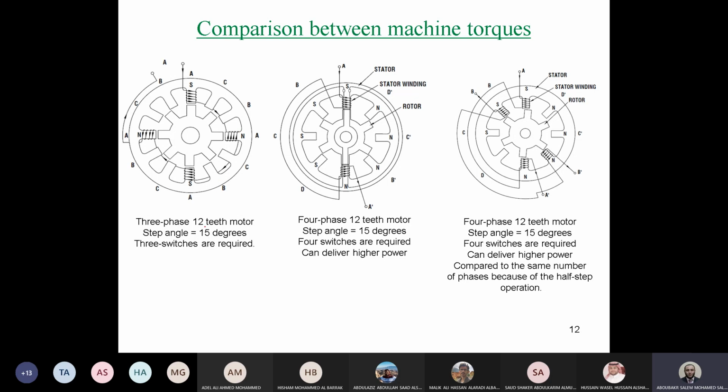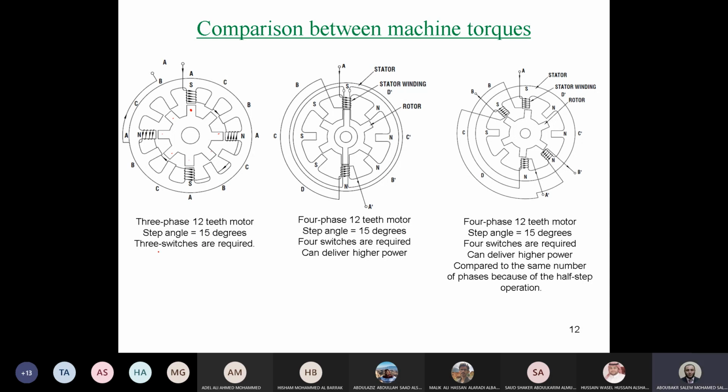So you now have 12 teeth in the stator, and in the rotor, 1, 2, 3, 4, 5, 6, 7, 8, we have 8 rotor teeth. Here, for the 3-phase 12-teeth motor, if you calculate the step angle, it will be 15 degrees.